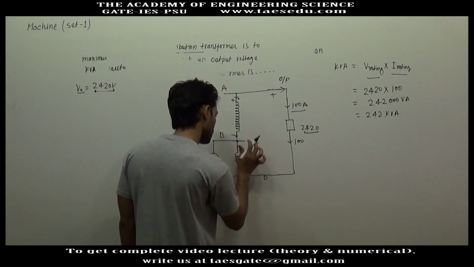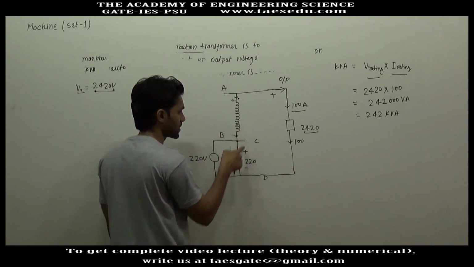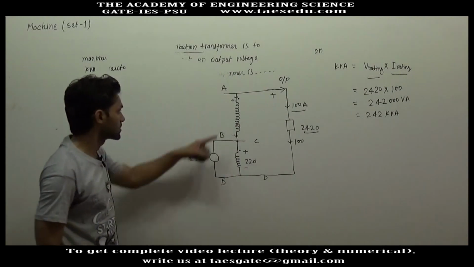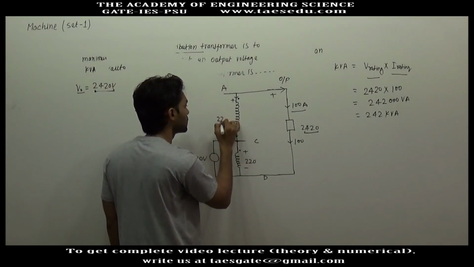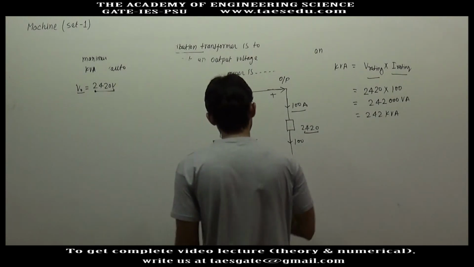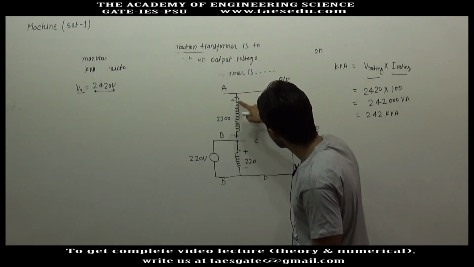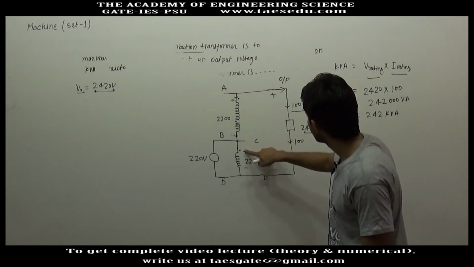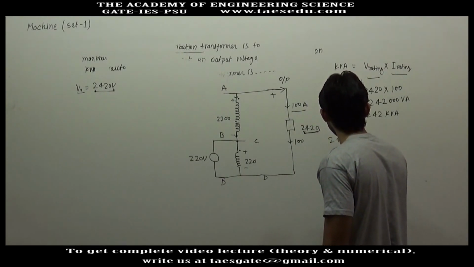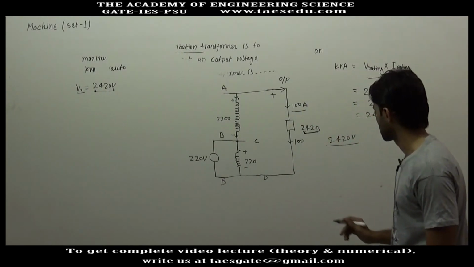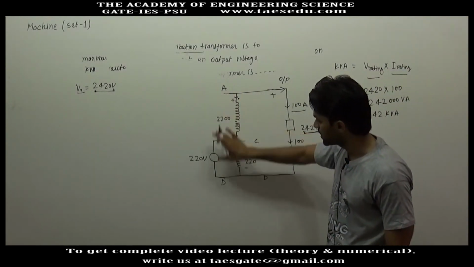So if this voltage is 220 volt, these two windings are magnetically coupled and this is the high voltage winding, so according to the turn ratio this voltage will be 2200. Now if you apply KVL here you have gain, here also you have gain, so these two voltages will be added and in the output you will get 2420 volt. Okay, so you got the same output voltage even if I changed the input terminal.